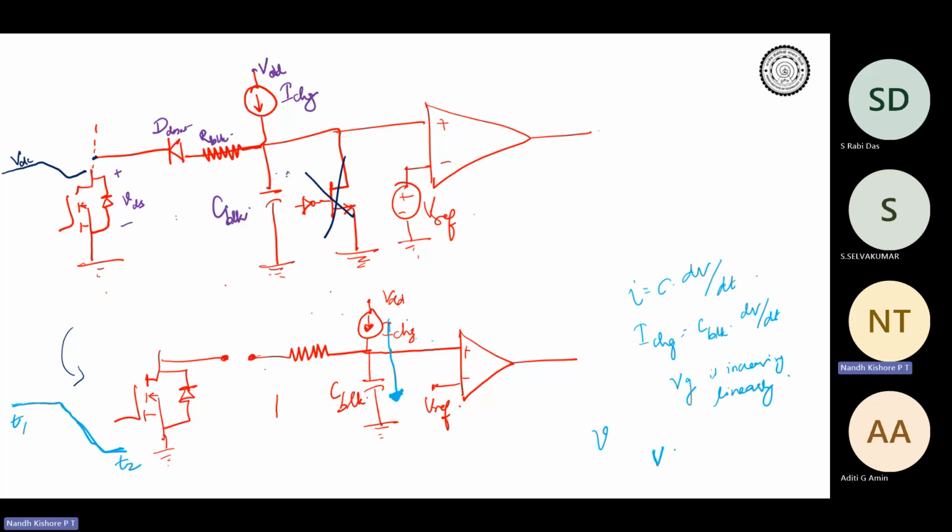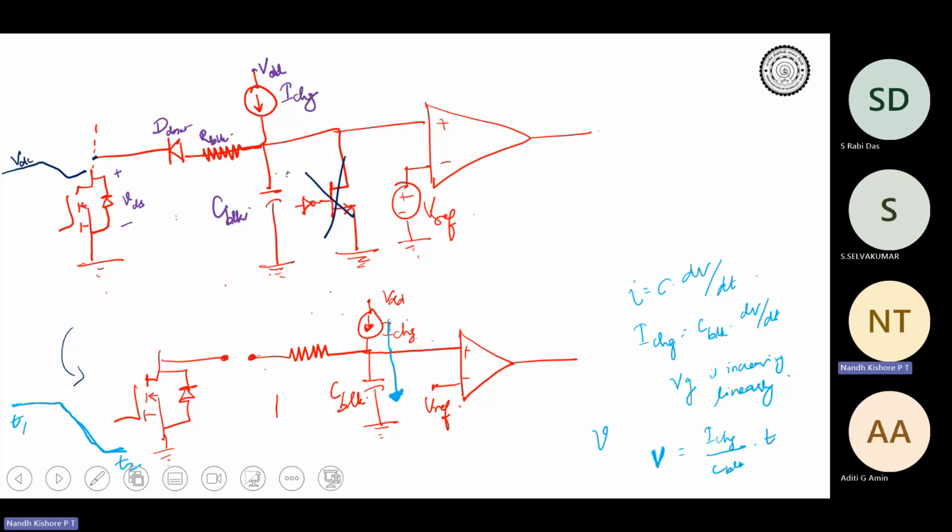The initial condition is 0. Therefore, you know that I charge by CBLK into integral dt, and initial condition you need to add. Initially the voltage across the capacitor is 0 because NMOS was turned on previously. So the voltage is 0. So the voltage is going to increase something like this.